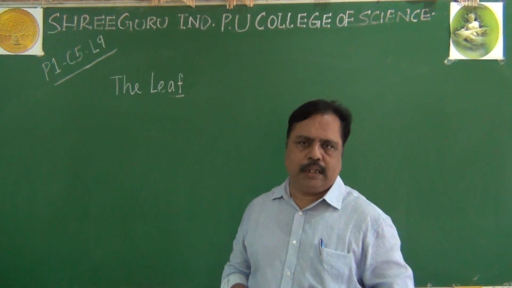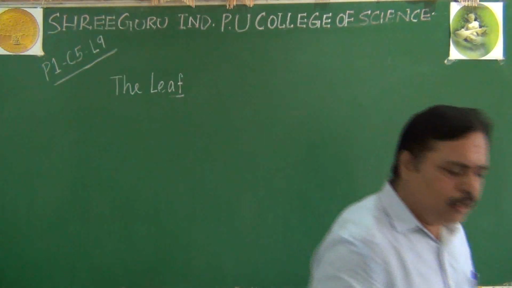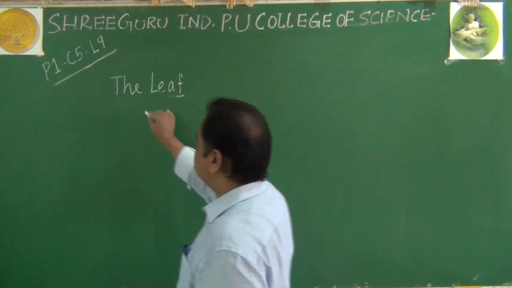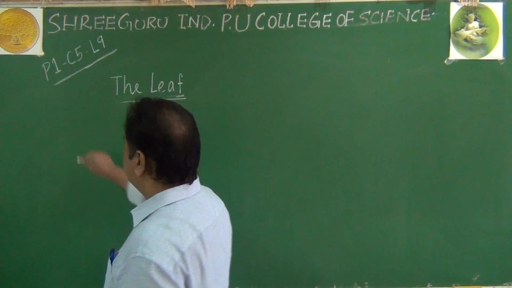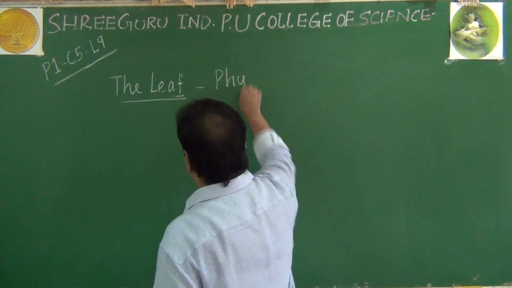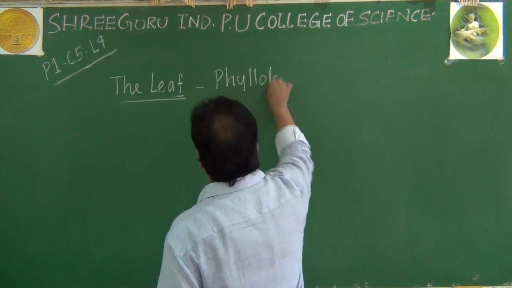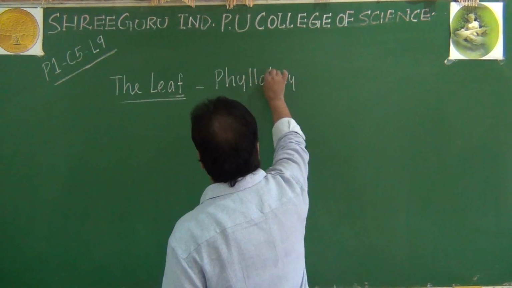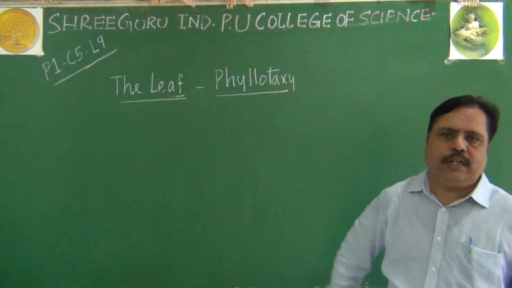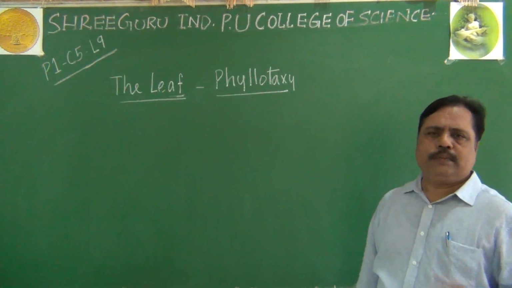Now in this continuation, let me tell you about another aspect. We must know what is called phyllotaxy. Phyllotaxy. Very important, 5-mark question, even 3-mark question can be asked based on phyllotaxy. What is phyllotaxy?